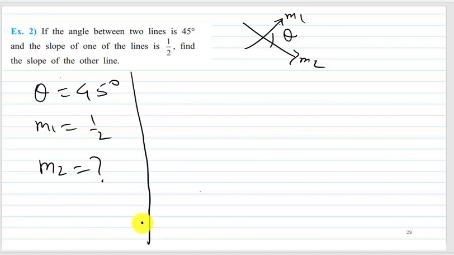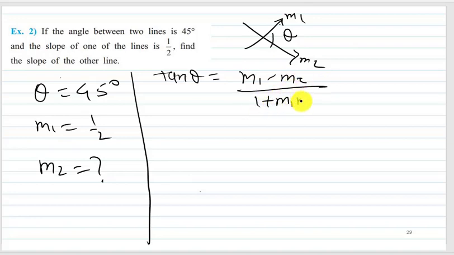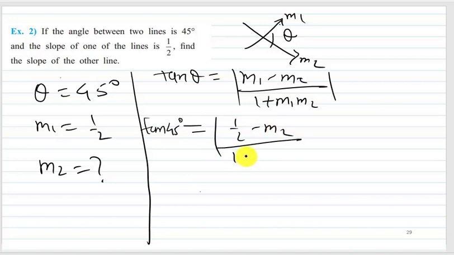Use the same formula, tan theta is modulus of m1 minus m2 upon 1 plus m1 m2. Take the modulus. Put the respective values. Theta is 45, so tan 45 degree equals m1 value 1 by 2 minus m2 upon 1 plus 1 by 2 into m2.